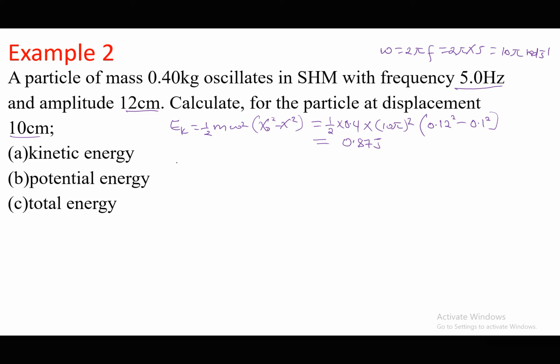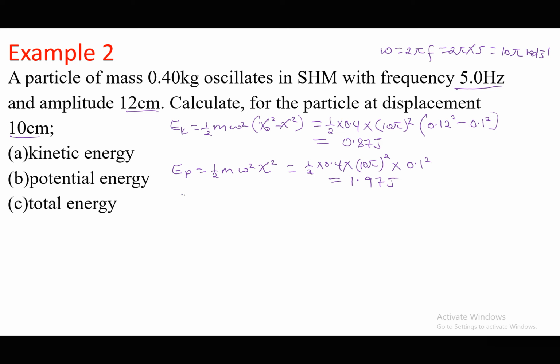Then potential energy, so you have that potential energy is equal to a half m omega squared x squared, which is going to be equal to a half times 0.4 times 10 pi squared, then times x, which is 10 centimeters, that is 0.1 squared. So this is giving me 1.97 joules as the potential energy.